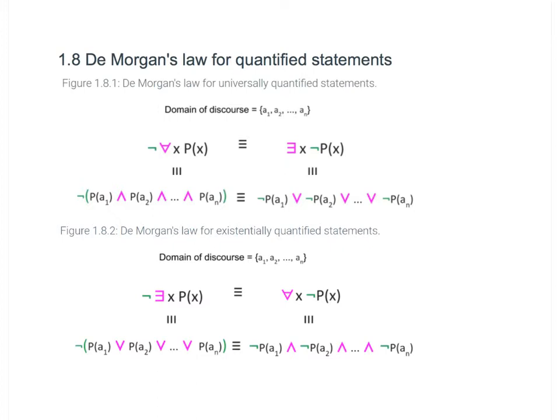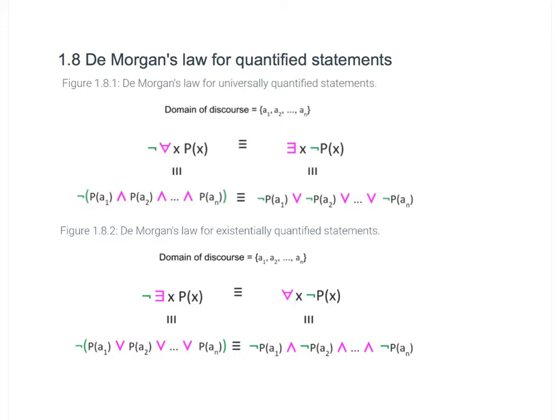Therefore, we come up with this negation. When you want to negate a universally quantified statement, what you do is convert the universal quantifier to an existential quantifier and then negate the predicate inside the quantified statement. So P(x) becomes not P(x), and the for all symbol becomes the there exists symbol.